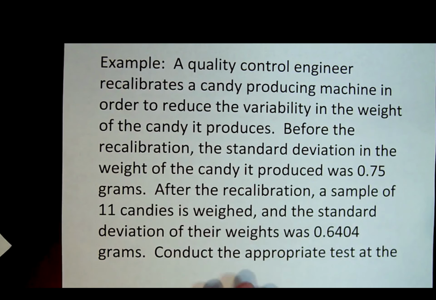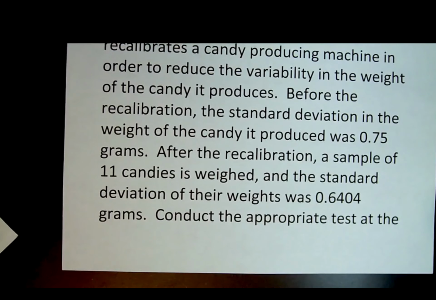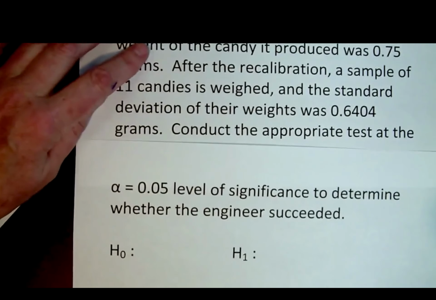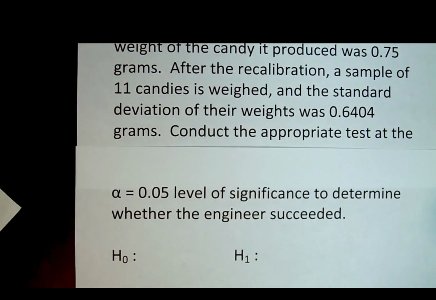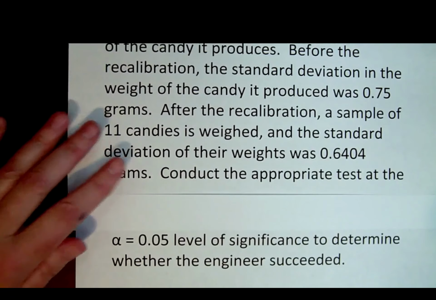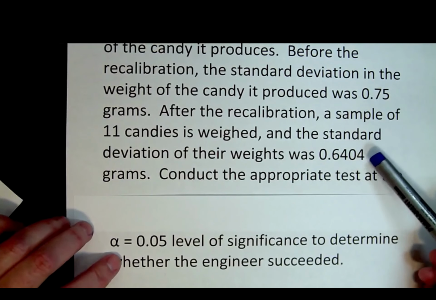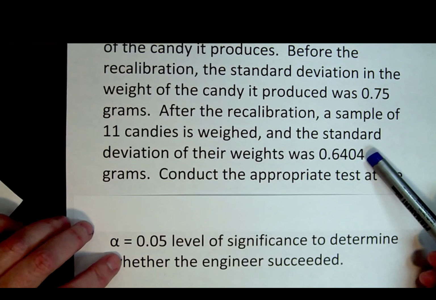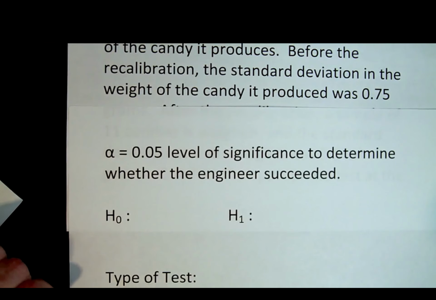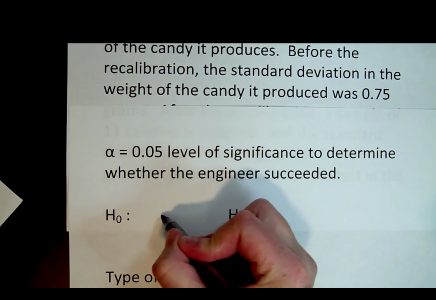So let's conduct the appropriate hypothesis test at the alpha equals 0.05 level of significance to determine whether the engineer succeeded. And by succeeded, we mean he successfully lowered the standard deviation by recalibrating the machines. Okay, so the null hypothesis is always a statement of equality.